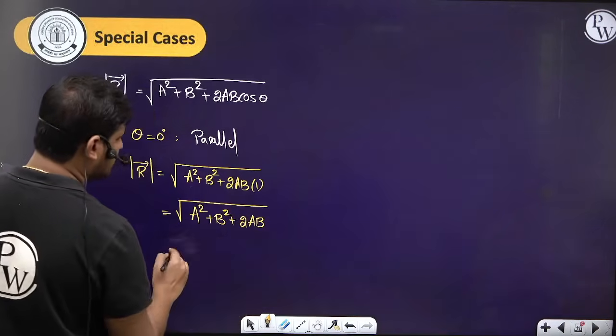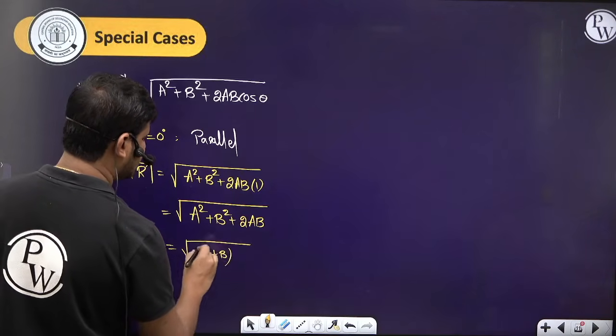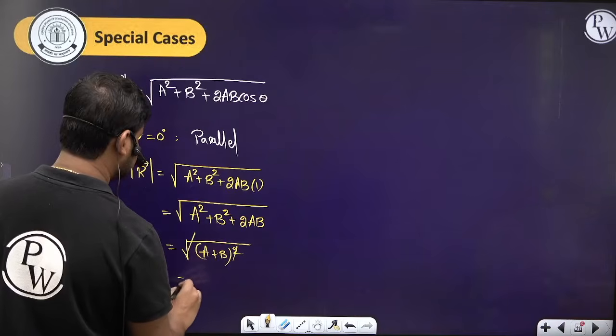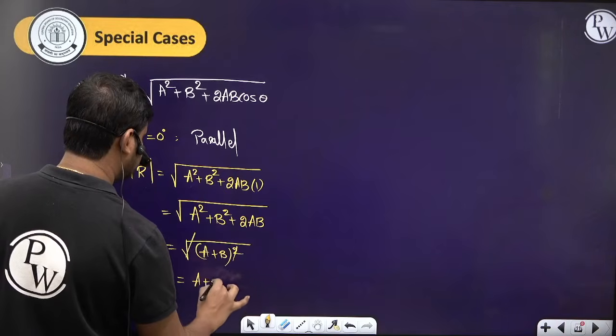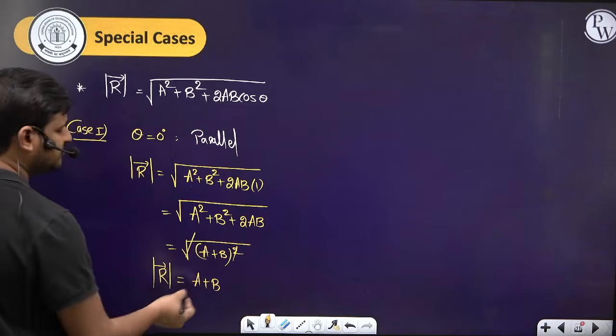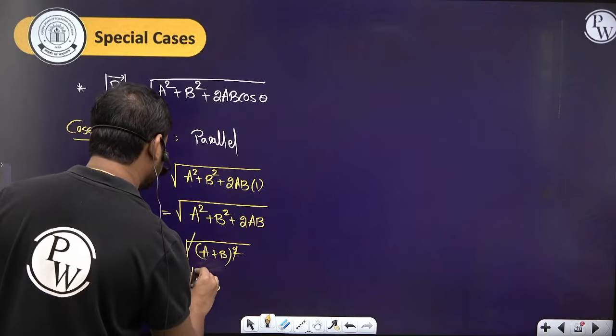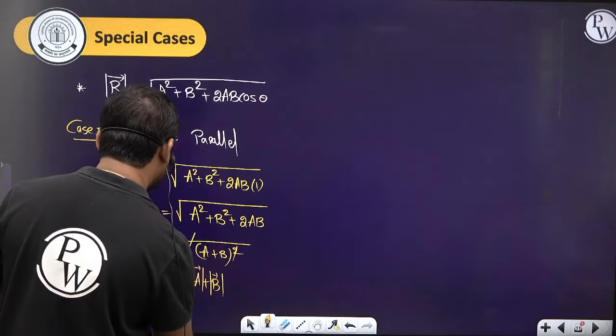This is nothing but A plus B whole square, right? So the square root cancels, and that means A plus B. So the magnitude of the resultant is simply the magnitude of A plus the magnitude of B.